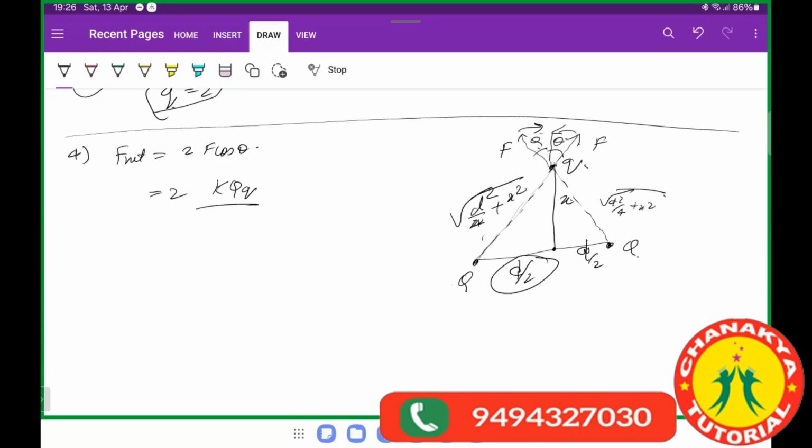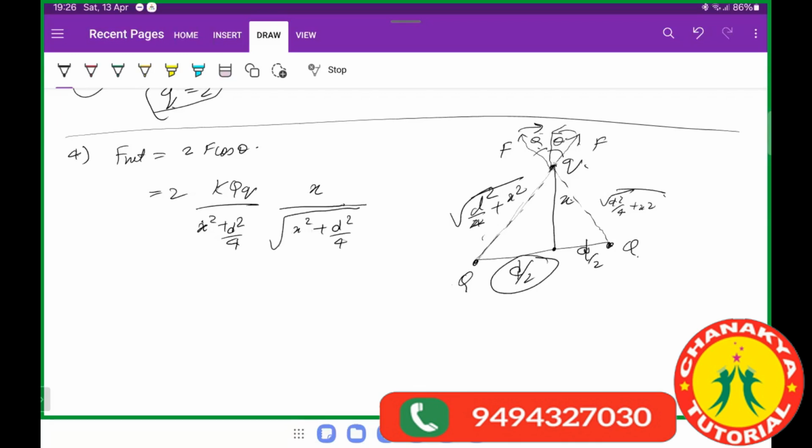So this will be the square of this one. What is the formula? KQq by R square. So x square plus d square by 4, dot cos. How do we find cos? Base by hypotenuse. x by under root of x square plus d square by 4.